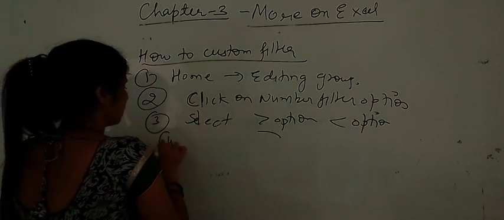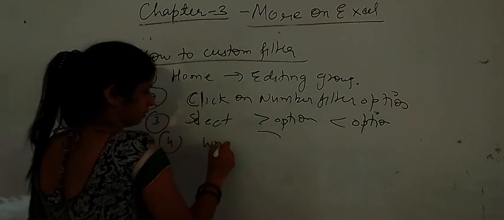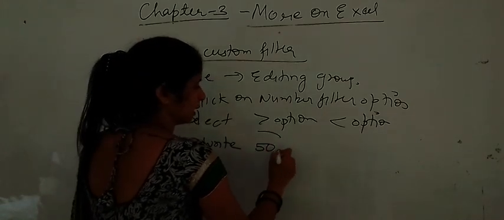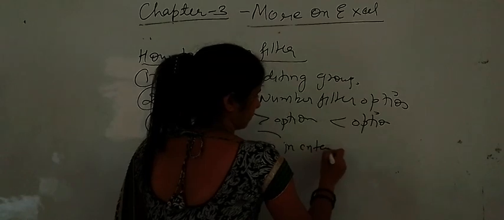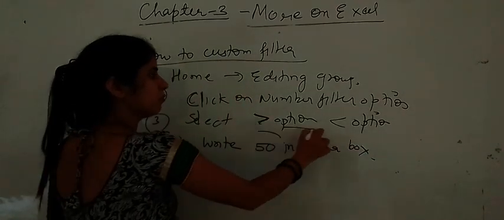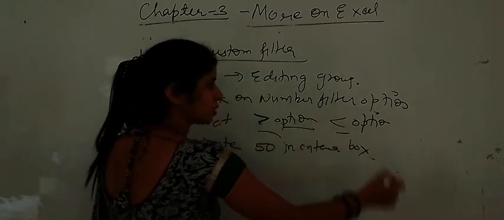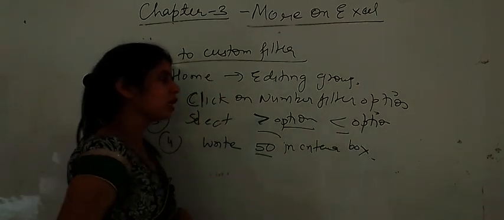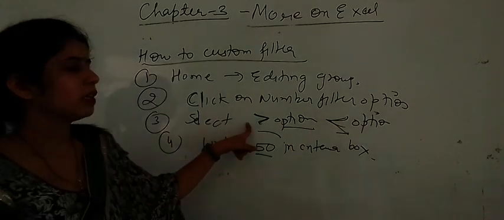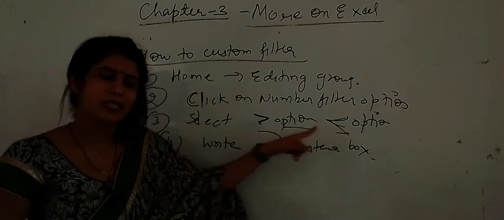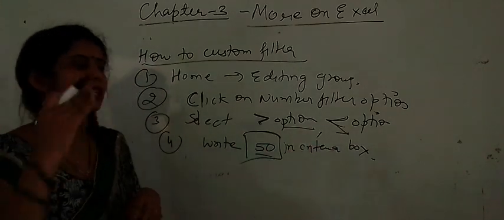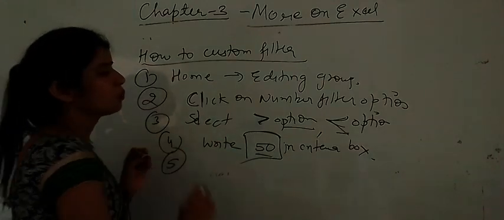Okay, and here you have to write the number. Suppose you have written 50 in criteria box. So it will show you the marks greater than 50, and if you have used this option, then it will show you the marks less than 50. These are the two options. So here you will write the marks, means number, in the criteria box, and easily you can do it.